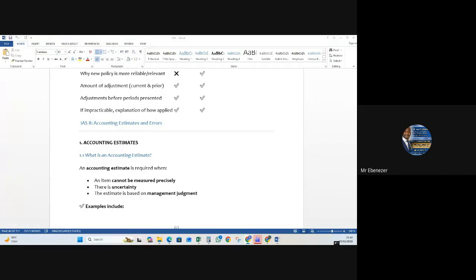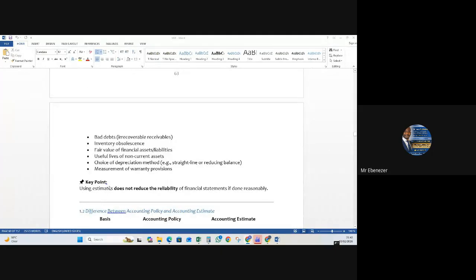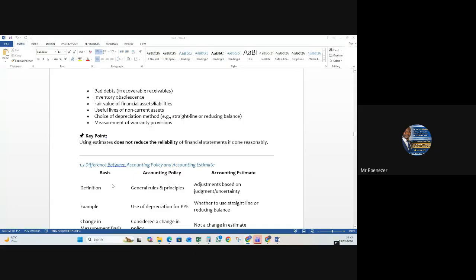The next thing we have here is the difference between accounting policies and accounting estimates. They are two different things.